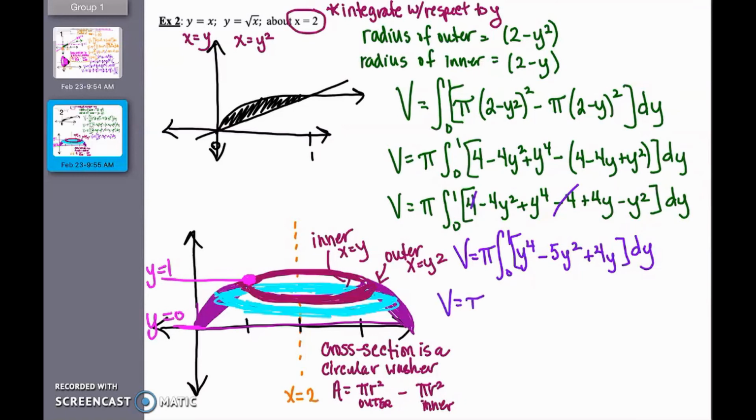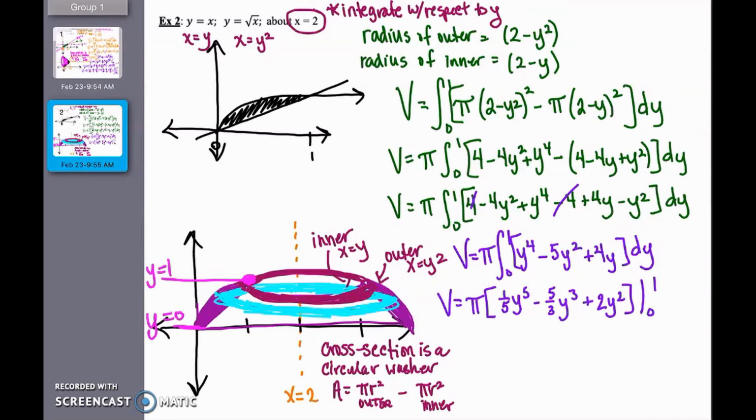Okay, now let's integrate each term. Volume is equal to pi times the integral of y to the fourth, which is 1/5 y to the fifth. The integral of negative 5y squared is negative 5/3 y cubed. And the integral of 4y is, divide the 4 by 2, so 2y squared. We are evaluating this from 0 to 1.